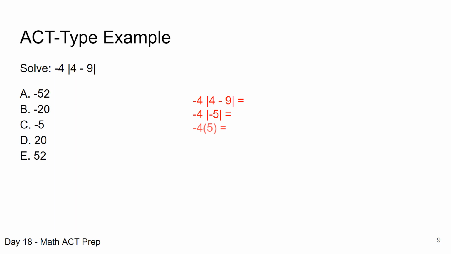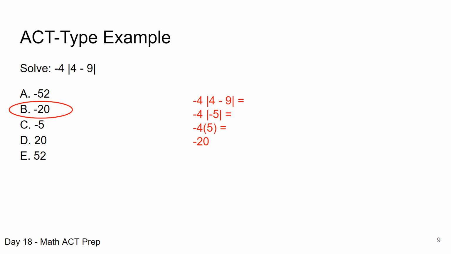So now we want to take the absolute value of -5, which is just 5. So now we're down to just simple multiplication of -4 times 5, and that's going to give us a -20, and that should be answer choice B. Now what confuses people a lot on these type of questions is they see absolute value and think my answer has to be positive.